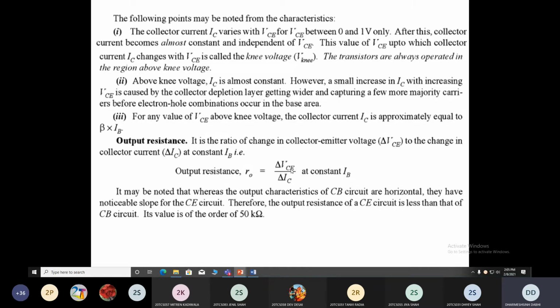So it means the numerator is less compared to the denominator, so the value of R0, the output resistance for this common emitter circuit, is very less, and that is in the order of 50 kilo ohm.